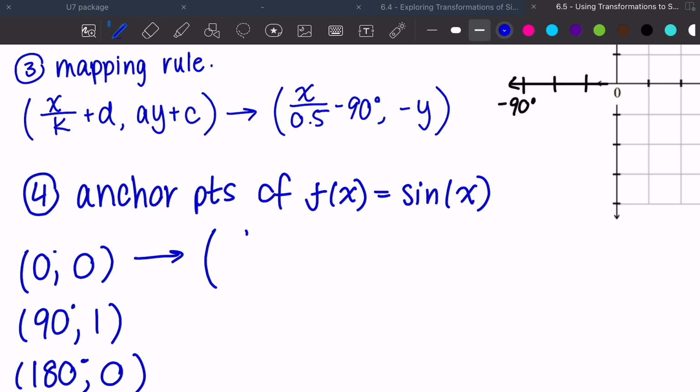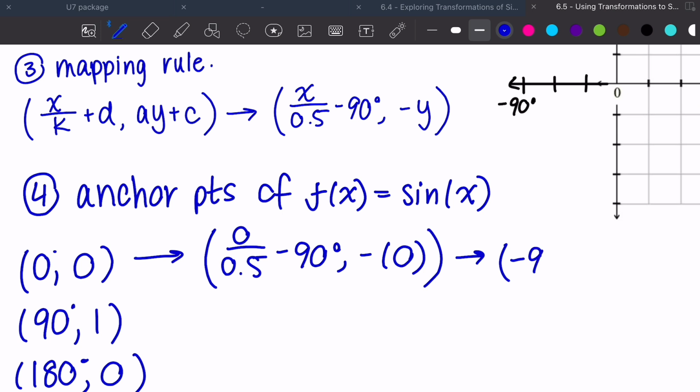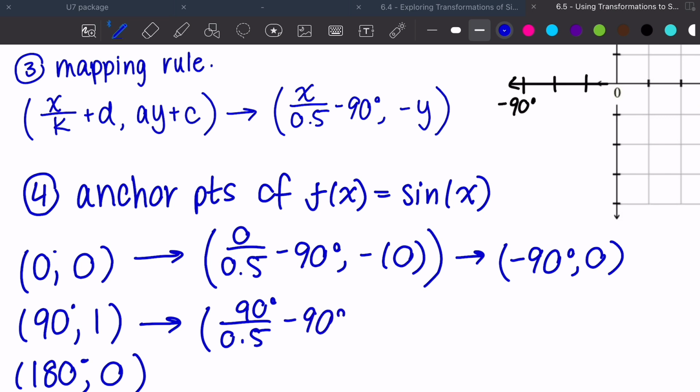So for example, the first one, 0 over 0.5 minus 90, and then -1 times 0, you'll be left with negative 90 degrees at 0. I'm going to keep repeating. So 90 divided by 0.5, which is also like saying 90 times 2, and then minus 90. -1 times 1.